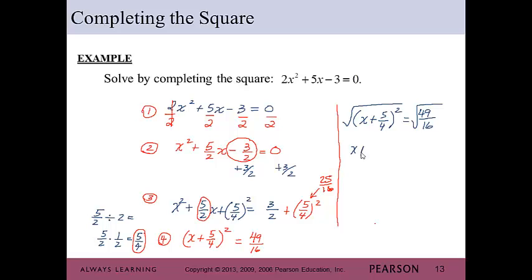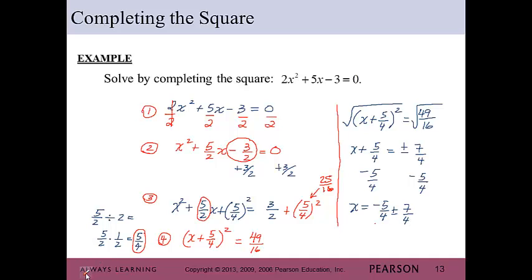So now we have x plus 5 over 4 equals plus or minus 7 over 4. Subtract 5/4 on both sides. So x equals negative 5 over 4 plus or minus 7 over 4.